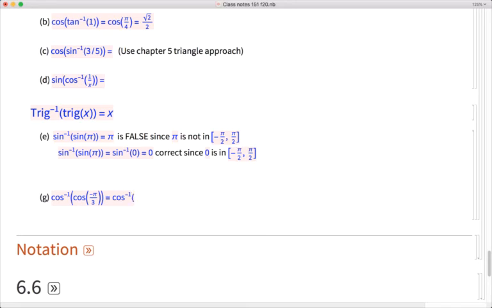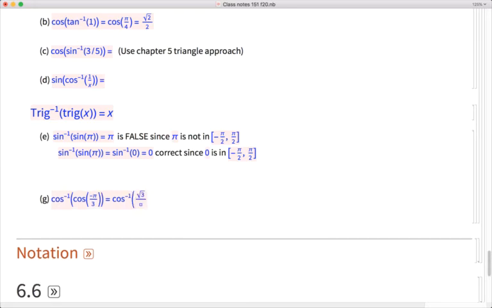Negative pi over 3 is down in quadrant 4. The x-coordinates are positive there, so this should be square root 3 over 2. Oh, beg your pardon, did I get that right? No. This should have been 1/2.